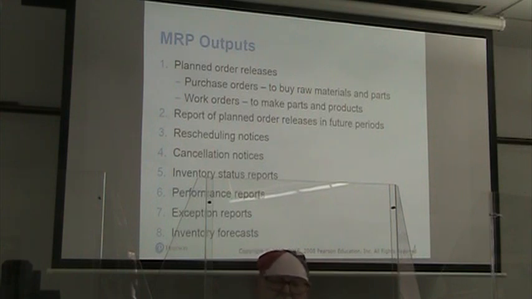So we need a report of planned order releases in future periods. We need rescheduling notices because MRP is a system where we can do inputs and discover, well, to make this on time for our order, we should have started 3 weeks ago.